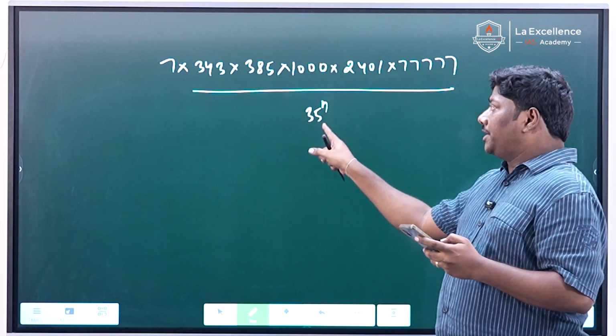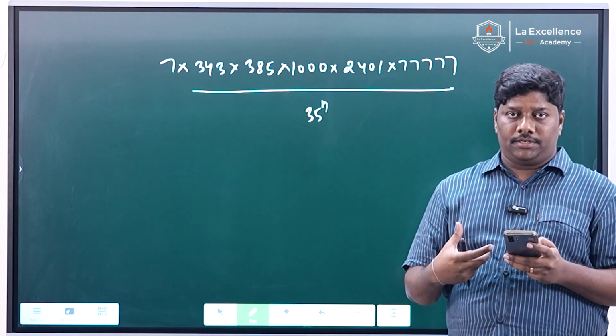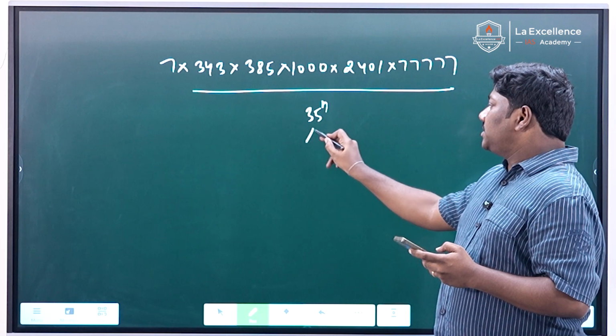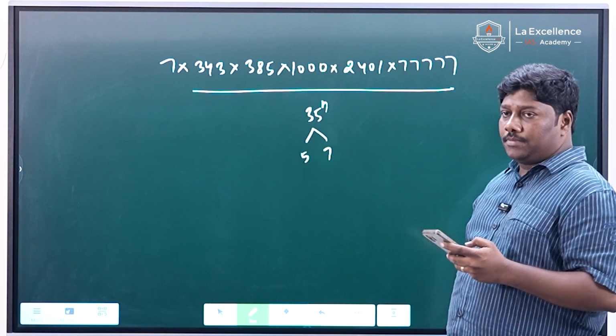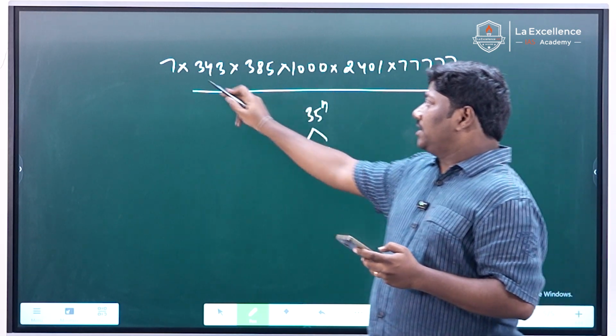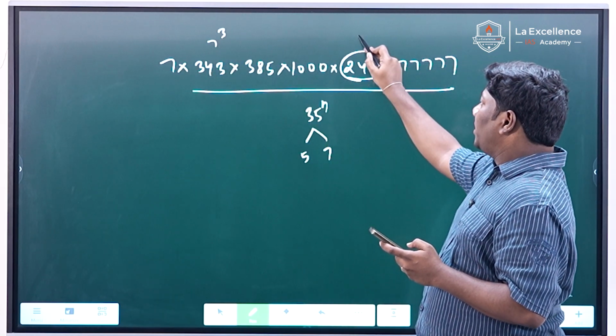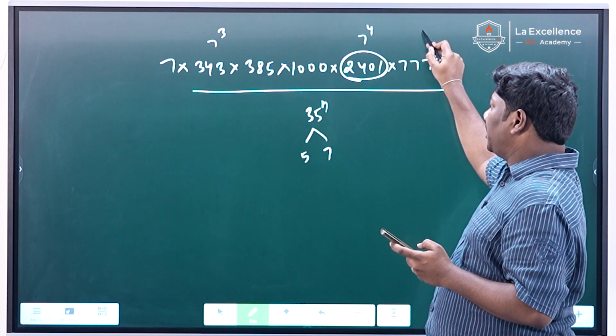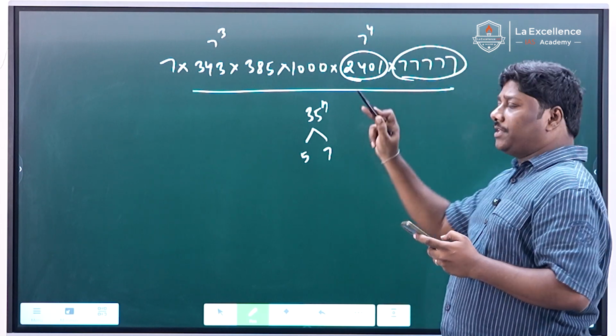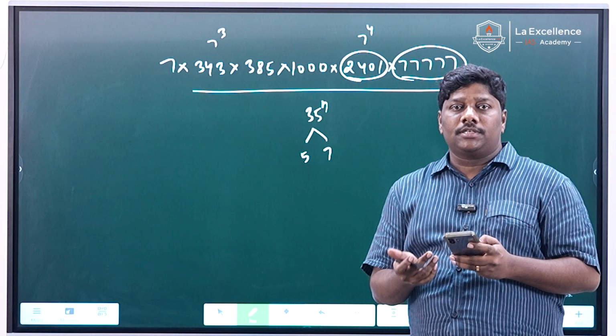If it is divided by 35, the question appears to be difficult, but 35 is composed of 5s and 7s. As you can see, there are a lot of 7s. There is one 7 here, this is 7 cube, and if you understand that 2401 is 49 square, it is 7 to the power of 4. So there are a lot of 7s. All you need to do is count how many 5s there are.